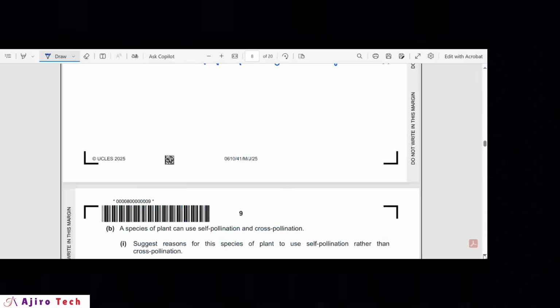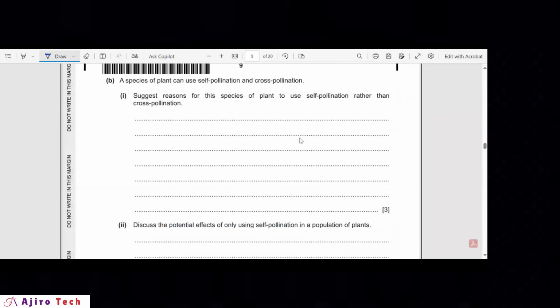So the next question says, a species of plant can use self-pollination and cross-pollination. Suggest reasons for this species of plant to use self-pollination rather than cross-pollination.